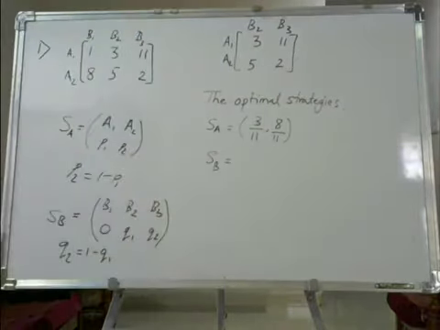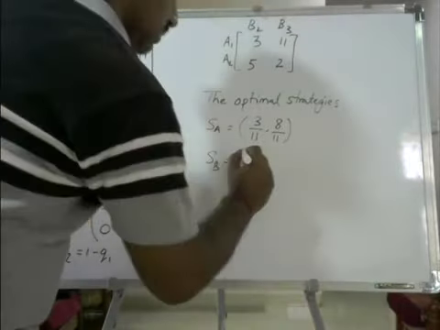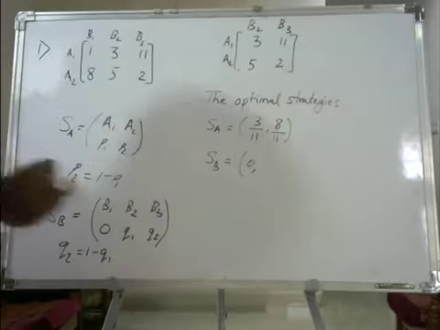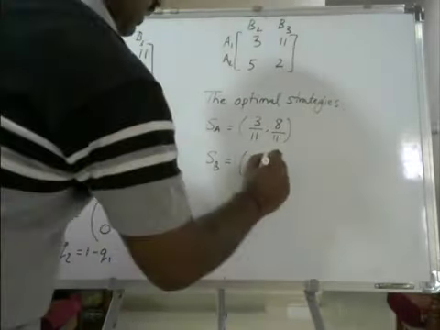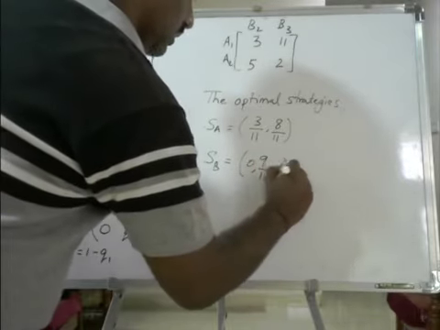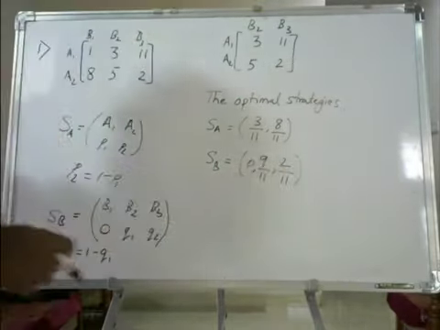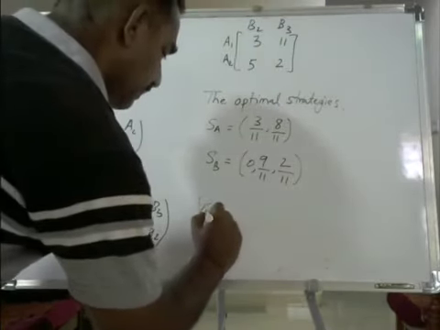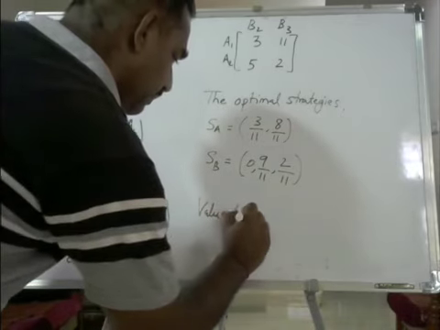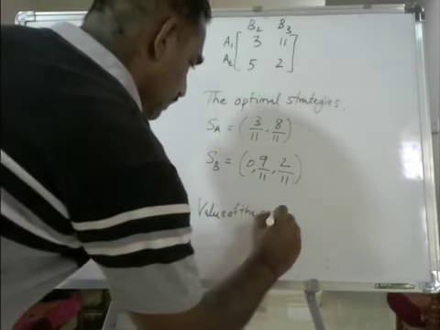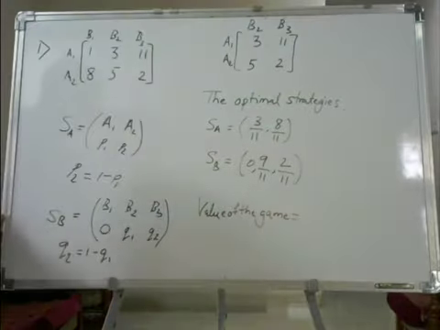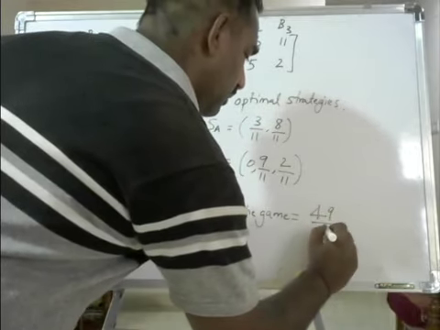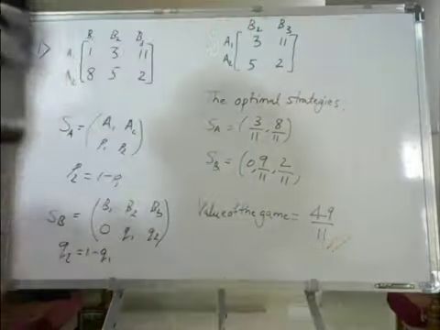The optimal strategies for player B are 0, 9 by 11, and 2 by 11, and the value of the game is equal to 49 by 11.